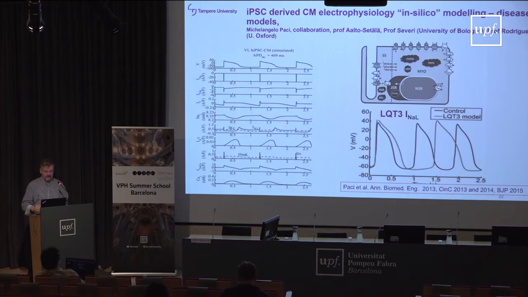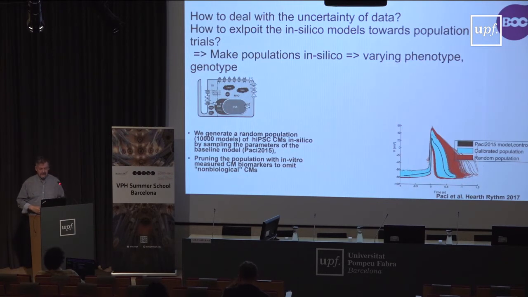But of course, this is quite a limited way of doing things. So what has changed lately in the whole modeling world is that we always have the problem of uncertainty of data. Whether you are talking about cardiomyocytes, or vertebrae or something else, there's a certain range of measured data from individuals, there are errors, there might be some phenotypical or genotypical changes. How do we deal with this?